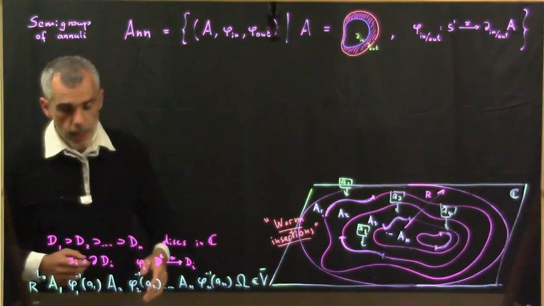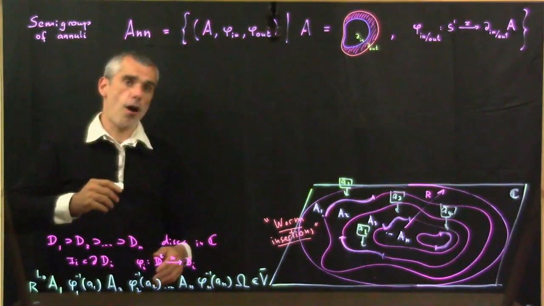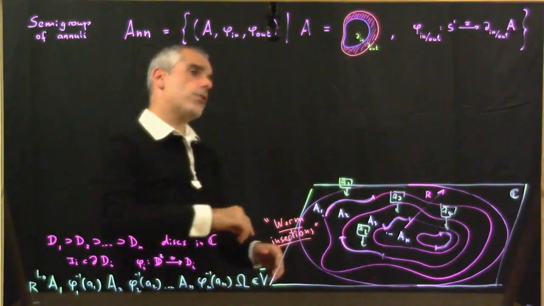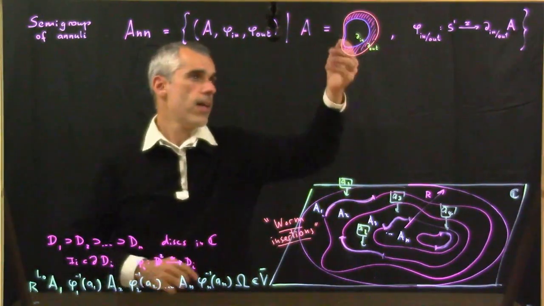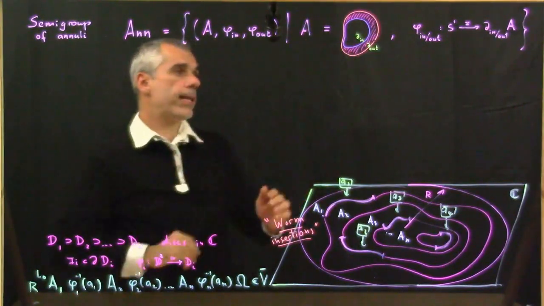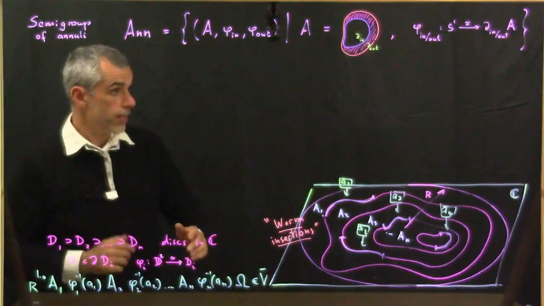And for our work, we'll need a refined version of these annuli where it is allowed for these two boundaries to touch. So here I've drawn it so that over some part, they actually completely touch, and that's allowed.